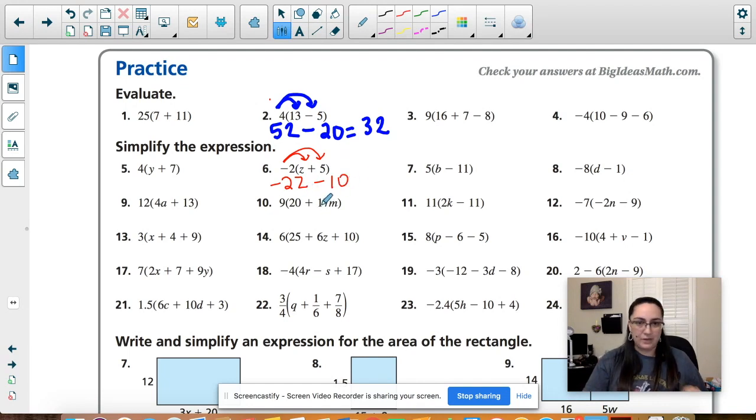The way you know if you have like terms is they have to have the same variable or variables and the same exponent of that variable. Here you have the exponent of 1, but there's no z in the other term, so you cannot combine. Once you answer yes to same variable, same exponent, then all you do is add or subtract the coefficients.